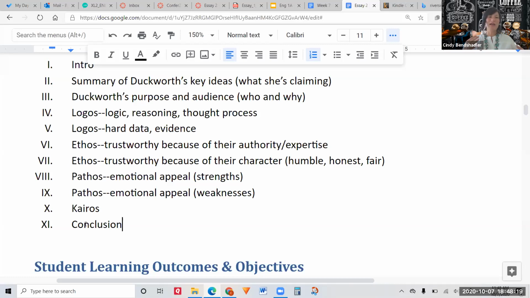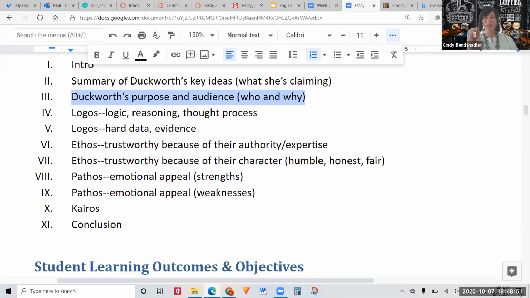But to me, this is how I would organize the essay personally, so that I'm not just saying, oh, Duckworth is writing to young people, as one sentence, because then my readers have to just trust me on that, and I haven't really supported that. I haven't explained why I think she's writing to young people. And if people really had a lot to say, they could divide this into 2 different paragraphs.